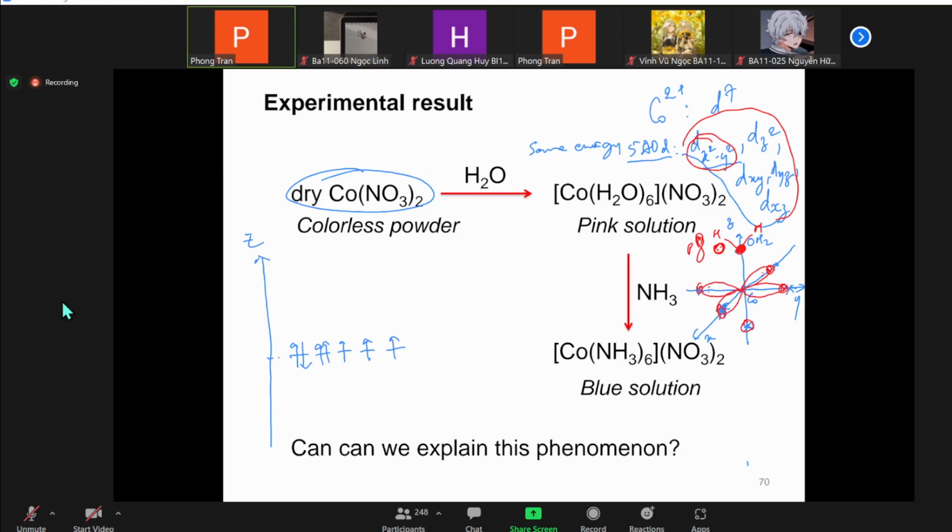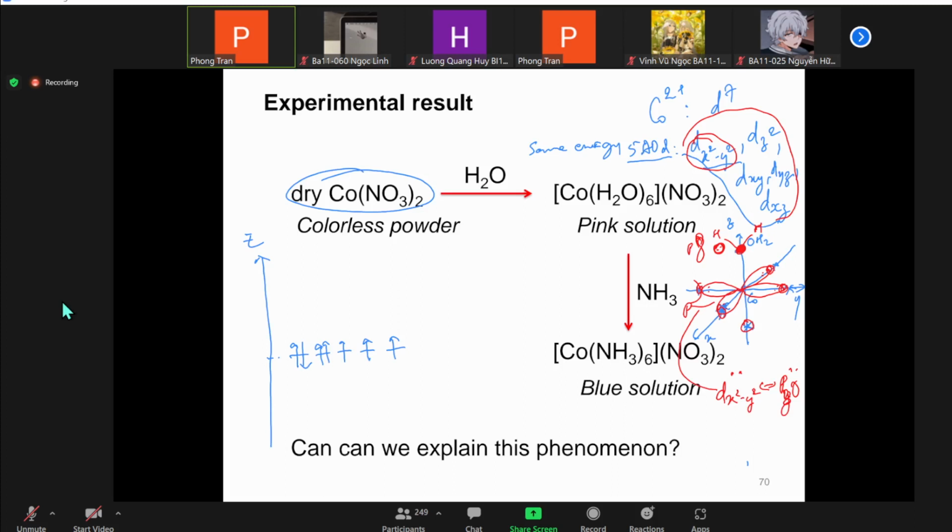You will see that the d orbital and the p orbital of oxygen are in direct interaction. They are very close to each other. So in this situation, you have the d orbital interacting with the pz, py of oxygen, and both have electrons, so the interaction is very strong.